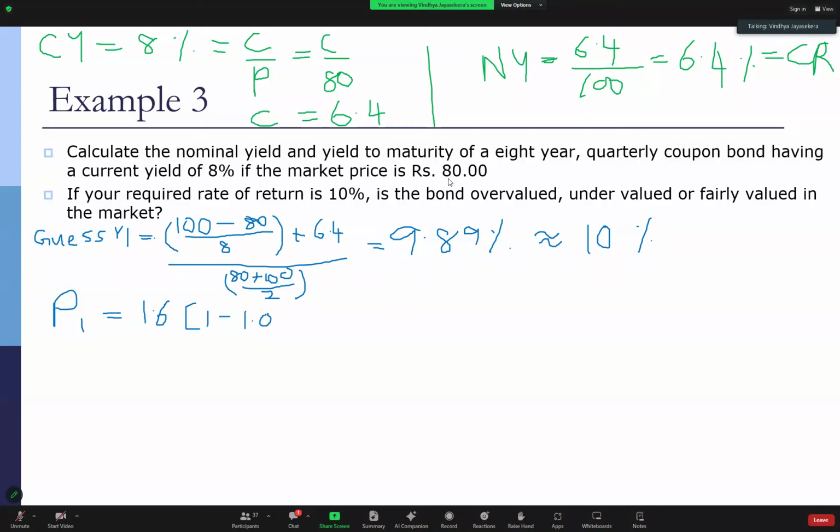So that means your quarterly R is how much? 2 point. How much is that? 2.525. 5625.